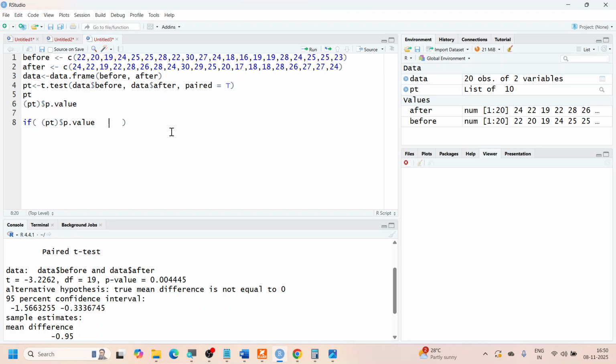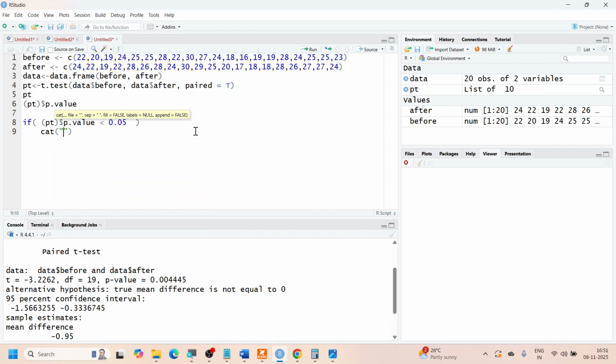This is what I'm going to do in programming. This is my level of significance that I have taken. Then I'm going to print, you can say print or cat, whichever you want.